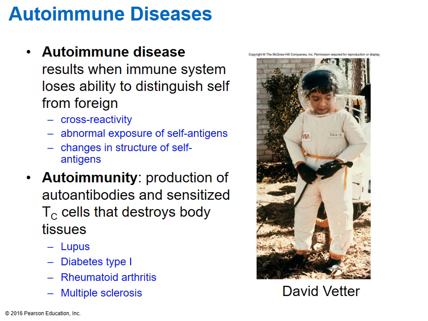So here on the side, I have a little picture of David Vetter, and if you've ever seen the movie The Boy in the Plastic Bubble, I don't know if that's the actual title of the movie. Maybe you saw the Seinfeld episode where George went to visit a boy that was living in a bubble. All those storylines are actually based on David Vetter's life. He was born with SCID, so he wasn't able to produce the T cells and the B cells.